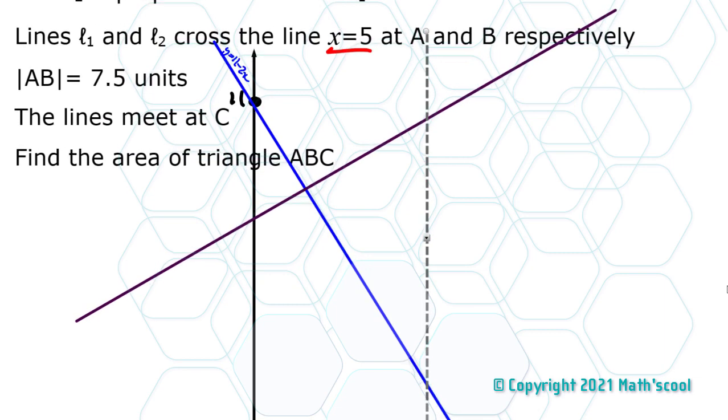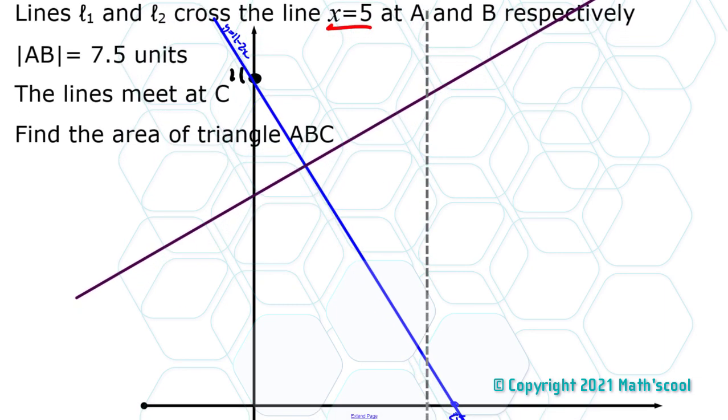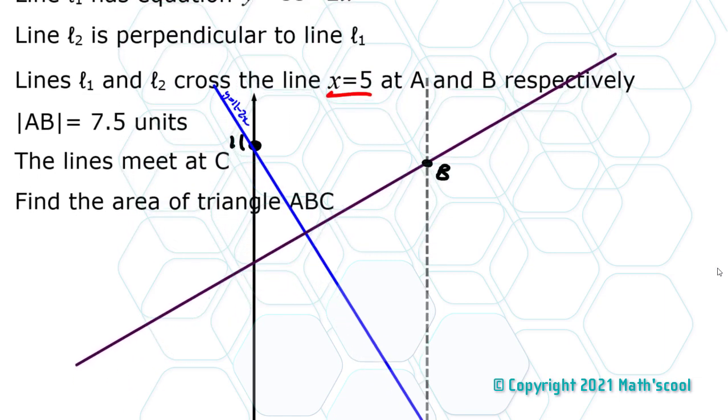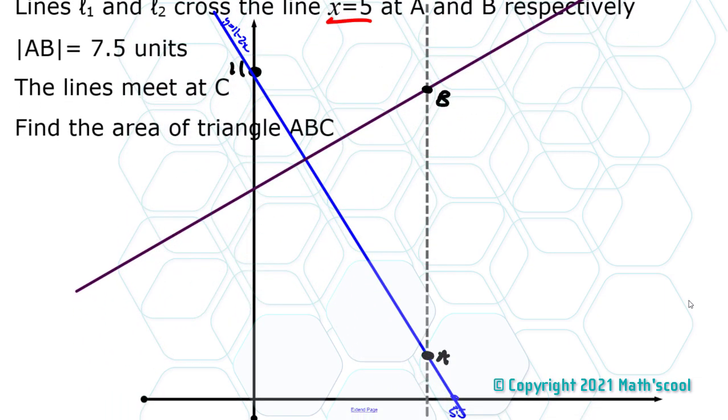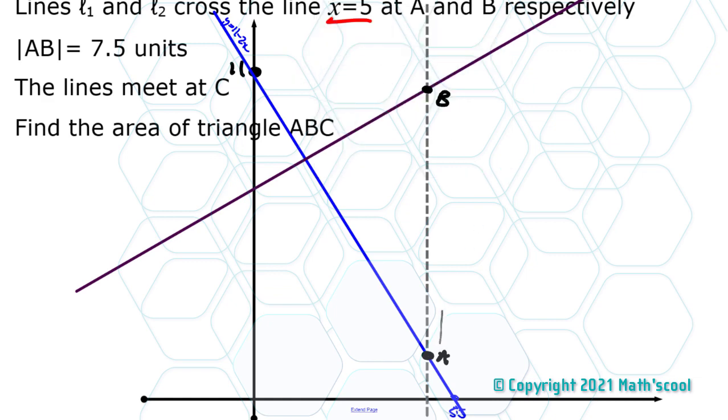So there's the line x equals 5, and the lines cross at A and B respectively. So let's call that A and let's call that B. Then it says A to B is 7.5 units. So this distance here is 7.5 units.